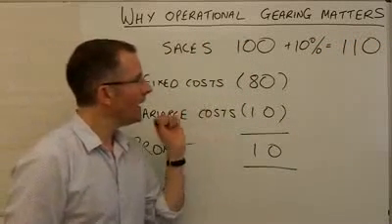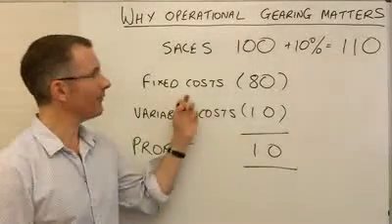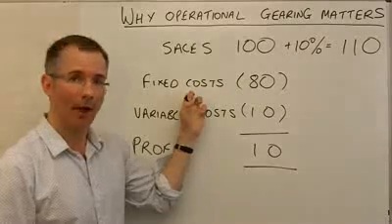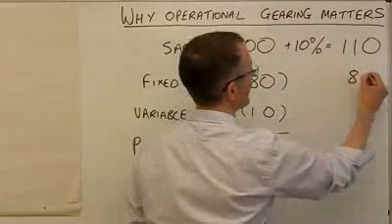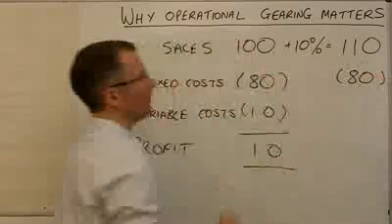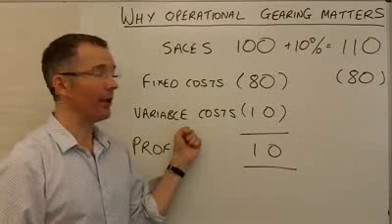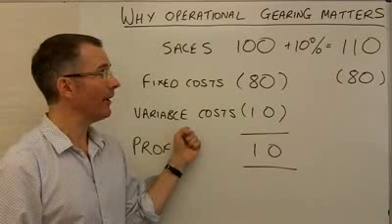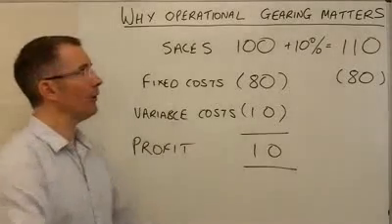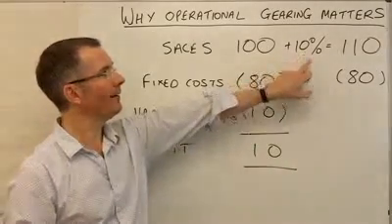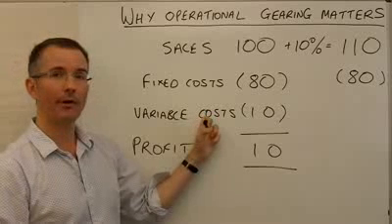Good news. Here's why this business's high operational gearing matters. Fixed costs are fixed. They don't vary with sales. So those fixed costs, we can assume, stay at 80. Variable costs, these do vary with sales. Printing costs for a magazine, light, heat. The more you make, the more of these you incur. So we could assume if sales go up by 10%, fixed costs will stay fixed, but these things will also increase.